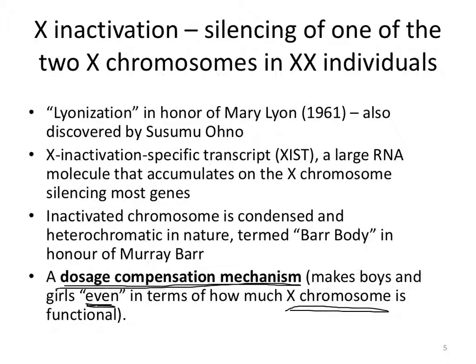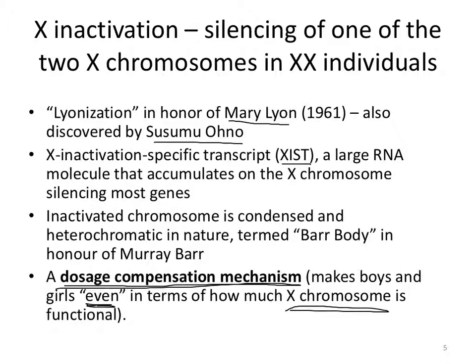The process of inactivating the X chromosome is called lyonization, in honor of the woman scientist Mary Lyon, someone who worked in the 1960s. So Mary Lyon and also a scientist called Susumu Ohno discovered the process of lyonization. It's associated with a specific transcript, a large RNA molecule that's called the X inactivation specific transcript, or XIST.